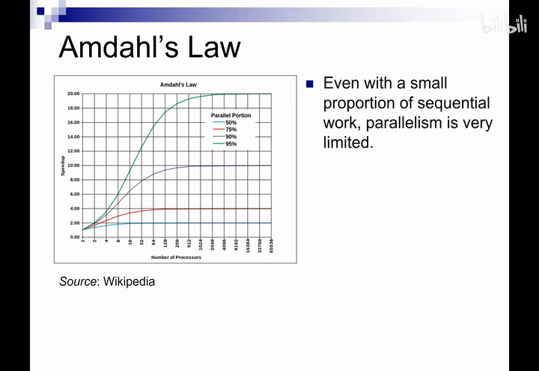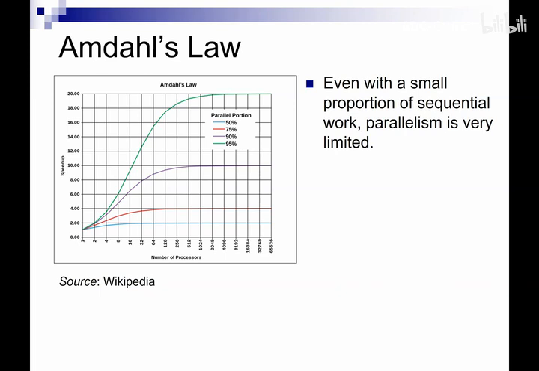In this plot, on the x-axis we have different numbers of processors, increasing exponentially from 1 to 2 to 4 and so on, up to about 65,000 processors. On the y-axis we have the speed up you get using that number of processors. The different lines represent different values for f.